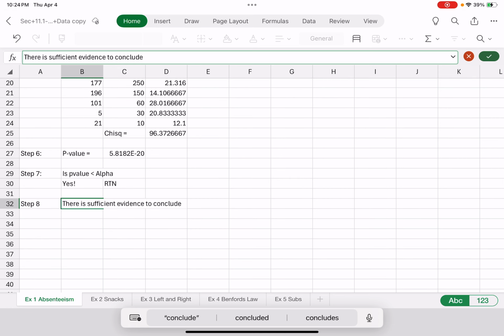So there is sufficient evidence to conclude, well, let me go like this.